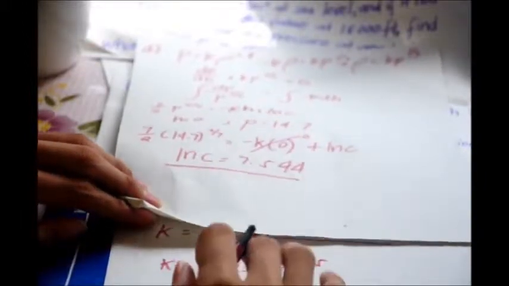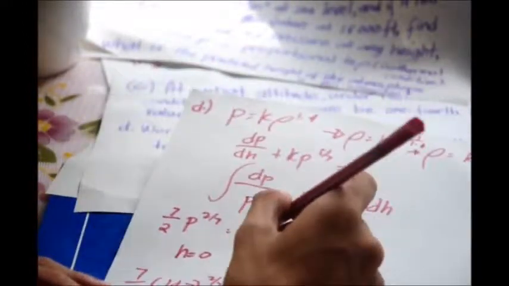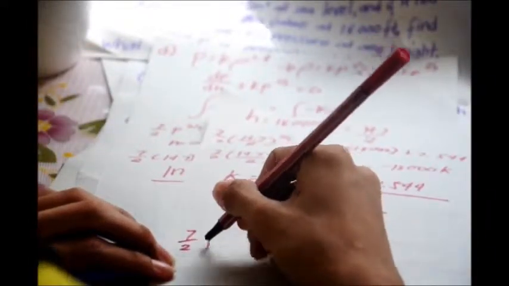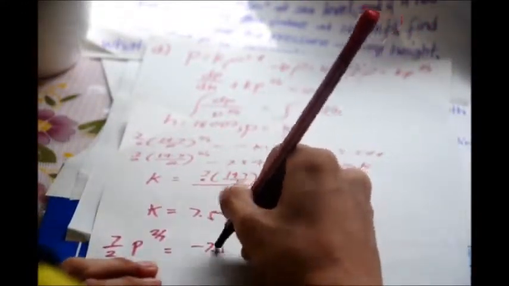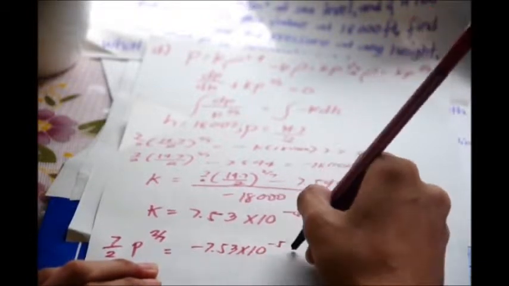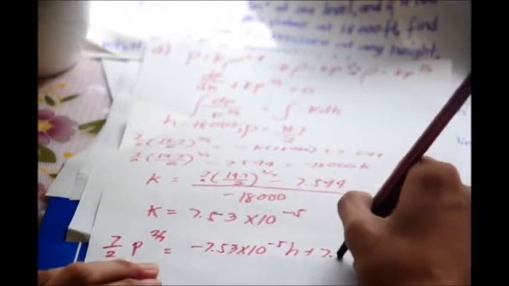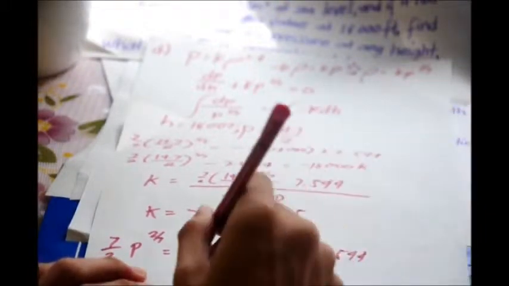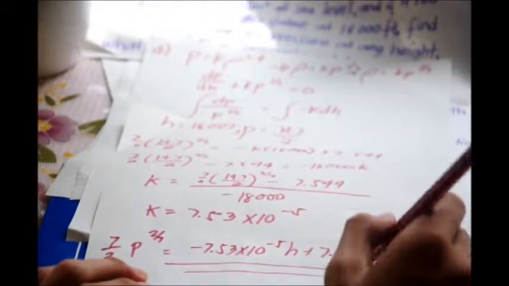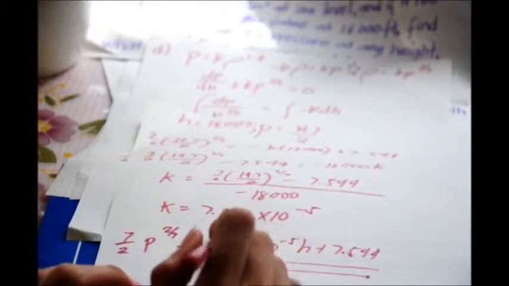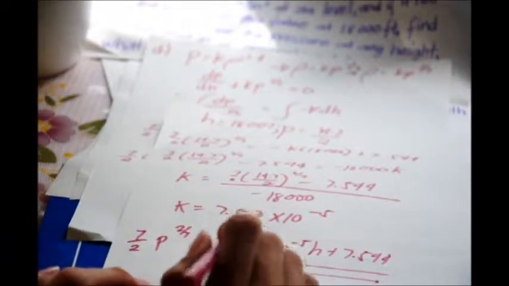So we have now the value of K and the value of C, and then we substitute them into these equations, giving 7/2 P raised to 2/7 plus K H plus 7.5. So this is now the formula for the pressure at any height. Next is to find the predicted height of the atmosphere.